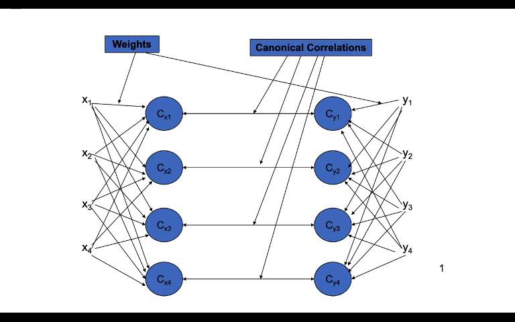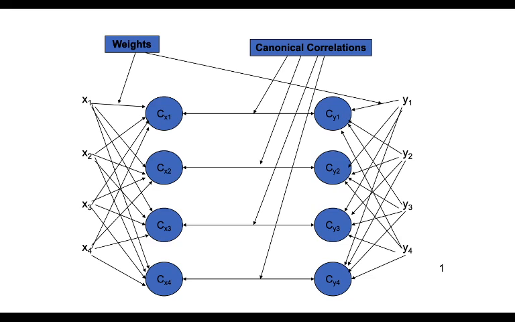Most of the time, think of a regression: there would only be one outcome variable, one y. Because of that, there's only going to be one canonical correlation. You can only have as many variates as the number of variables in whichever group, the x's or the y's, has fewer.